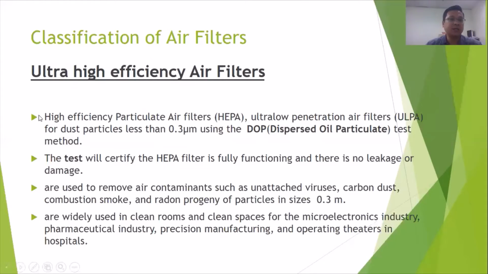This is the characteristic of an ultra high efficiency filter, and the test is defined by the HEPA filter. It is used to remove air contaminants such as viruses, carbon dust, combustion smoke, and radon particles in the size of 0.3 micrometer.